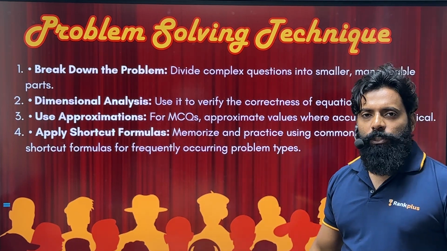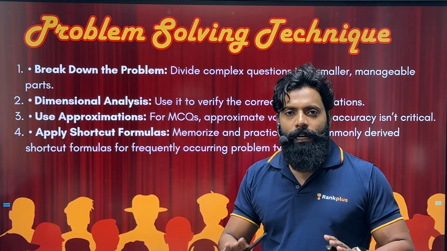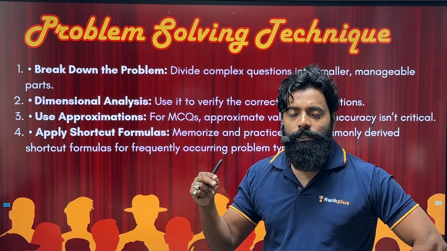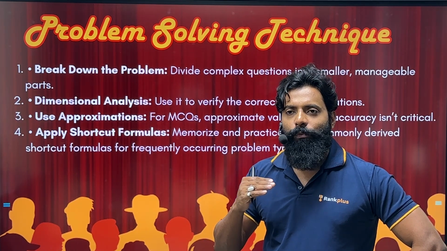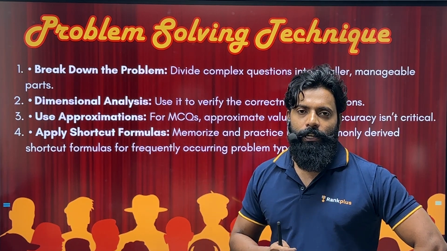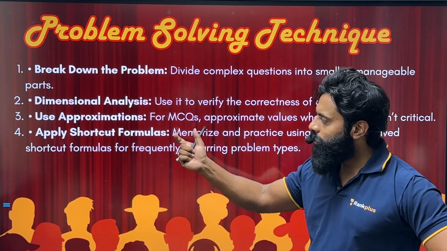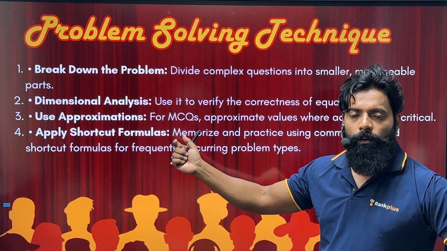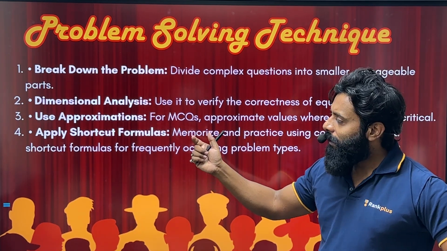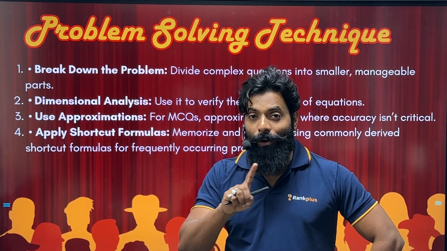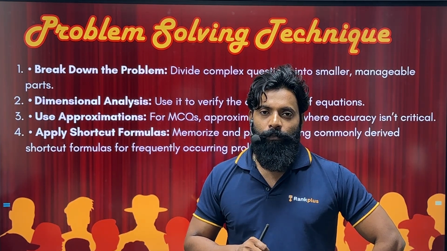You can use approximation. It's the best technique, because if you are able to see that in the given options there is a quite significant difference, then you can use this approximation approach and save your time. But if you are seeing that the options are very close, then do not use this approximation technique.